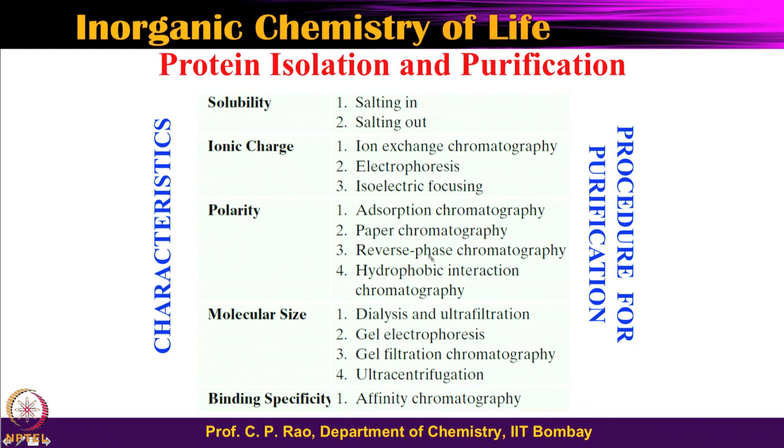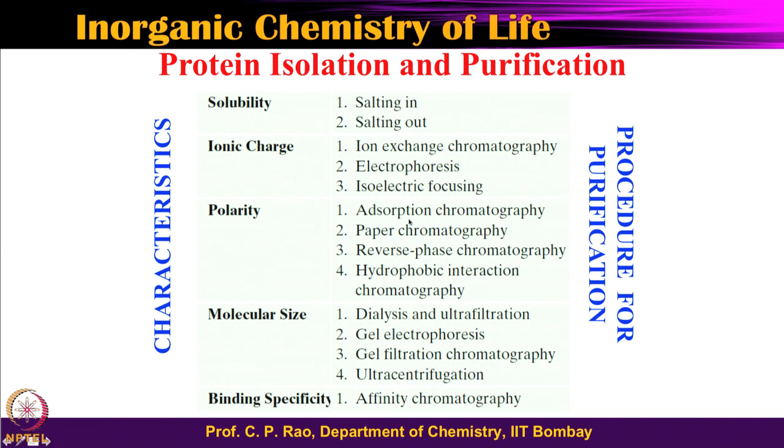Okay. Their polarity, their molecular size, their binding specificity, etc. Solubility, you can make it soluble, you can make it insoluble by using the salts in and out kind of things. Ionic charge, ion exchange chromatography, electrophoresis, isoelectric focusing, all of these are the different techniques when you have ionic charges present on these proteins.